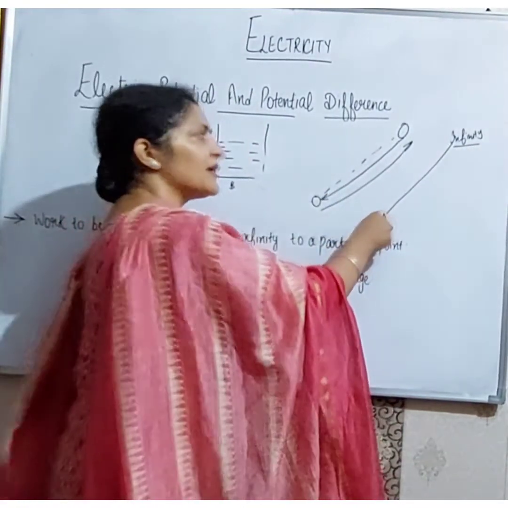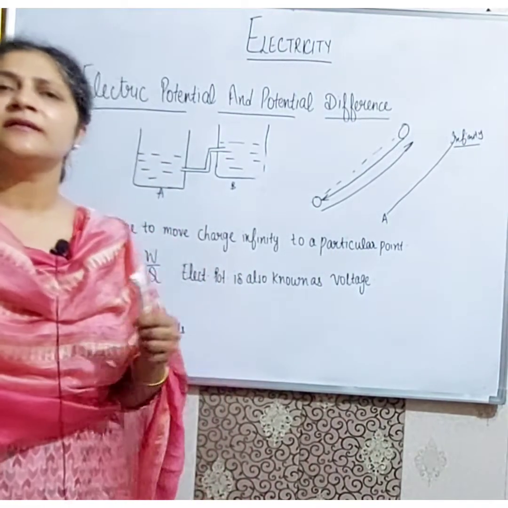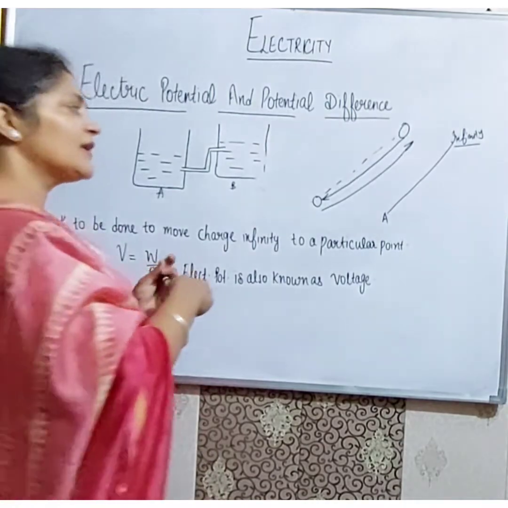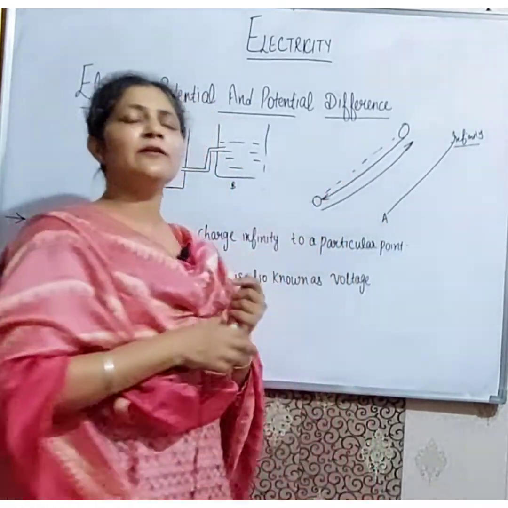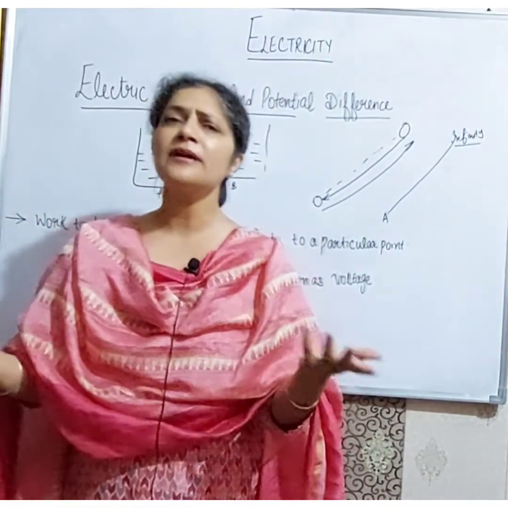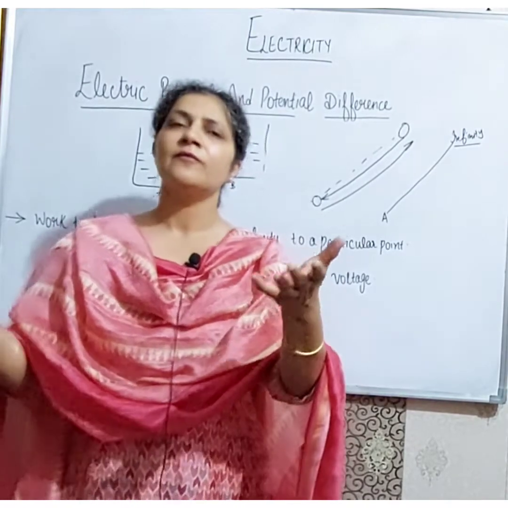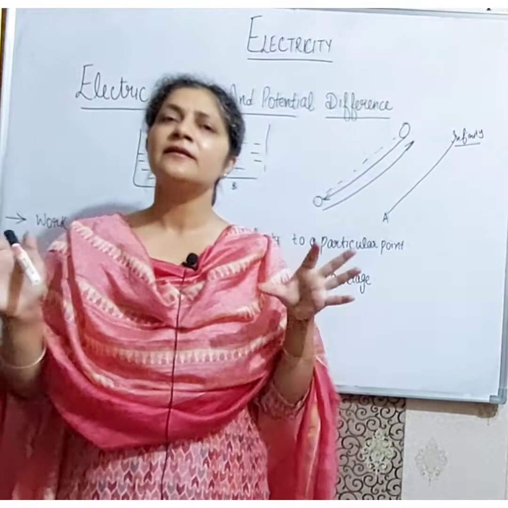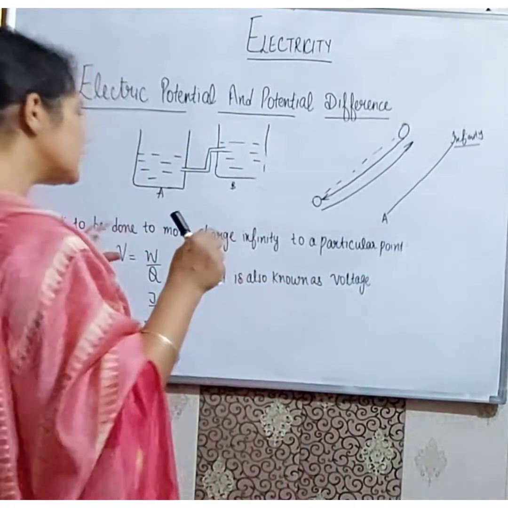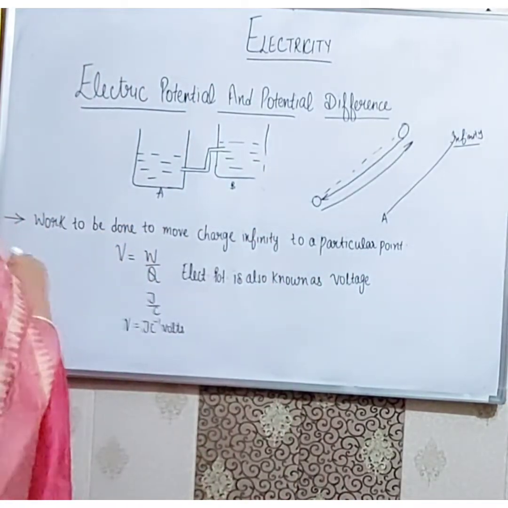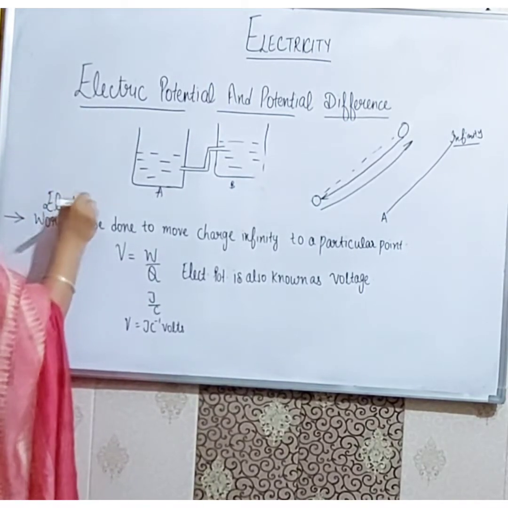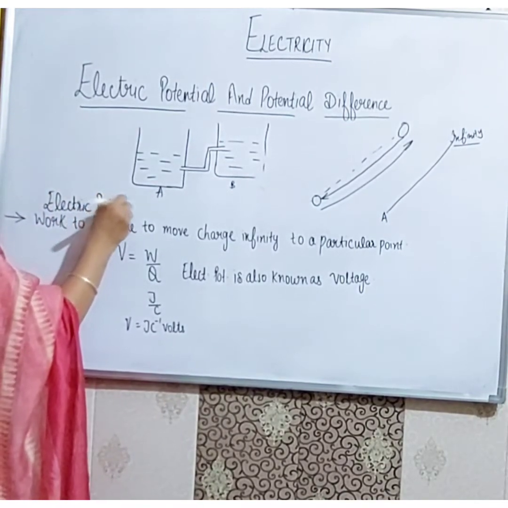From infinity to point A, a particular point, work has to be done. I repeat again, when the charge is flowing from a particular point to infinity, no work has to be done. It is flowing. When it has to come from infinity to a particular point, work has to be done. So this work is known as the electric potential. This work is known as the electric potential.